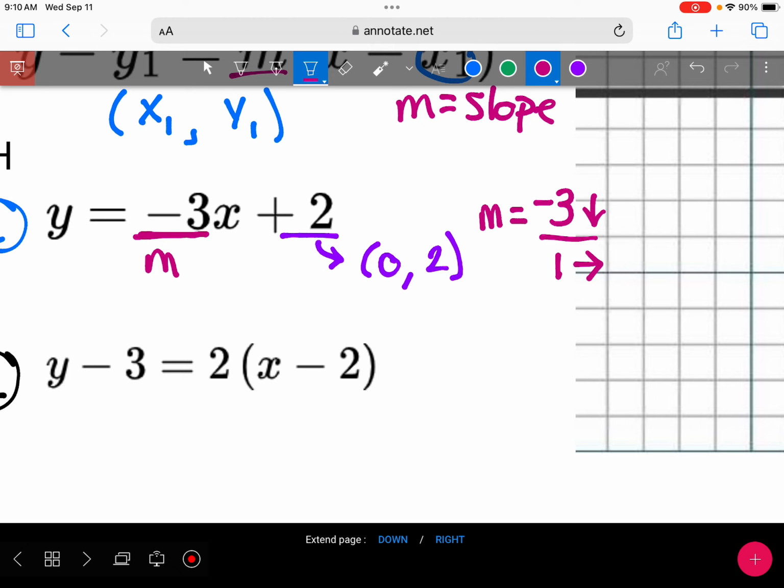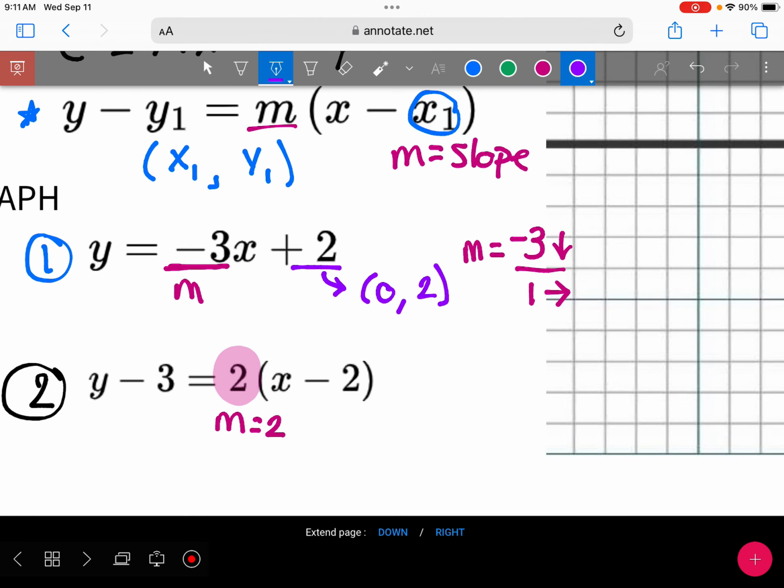So first things first, what's our slope going to be? 2. This guy's our slope, m. Watching our signs and being super careful, what is the point that is inside this equation?